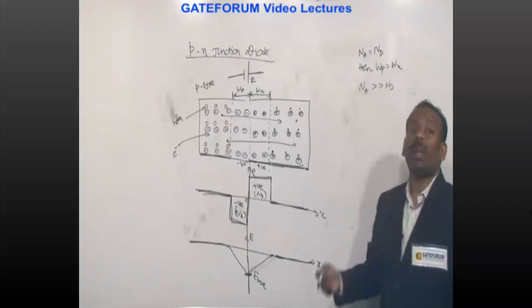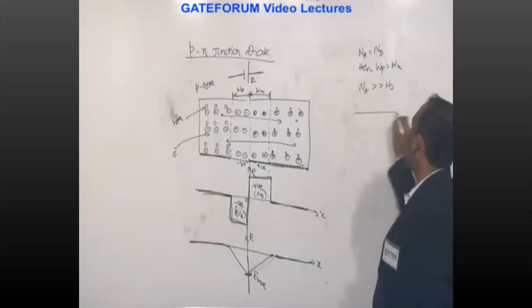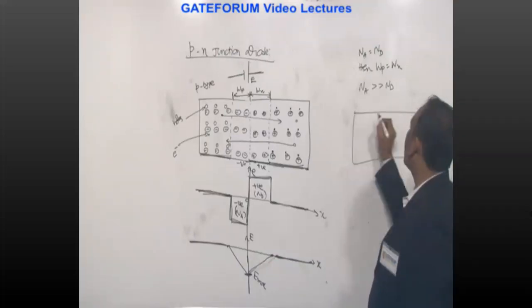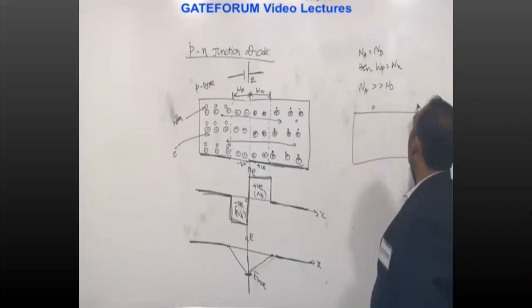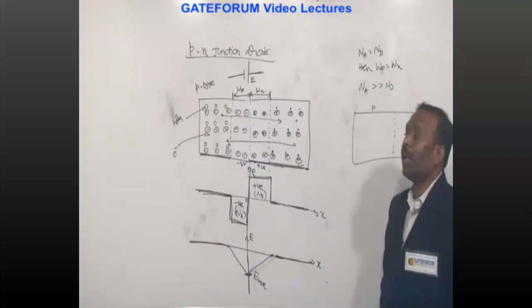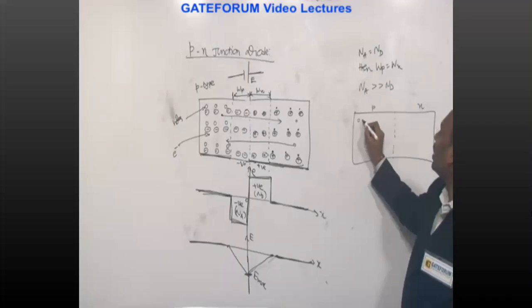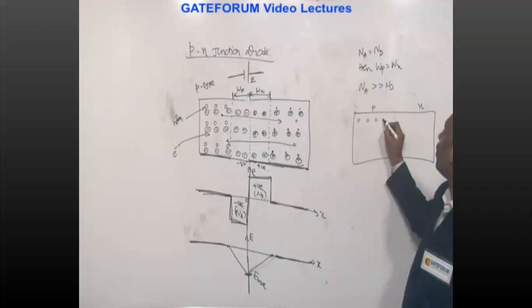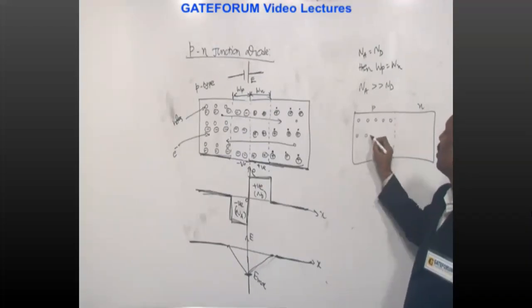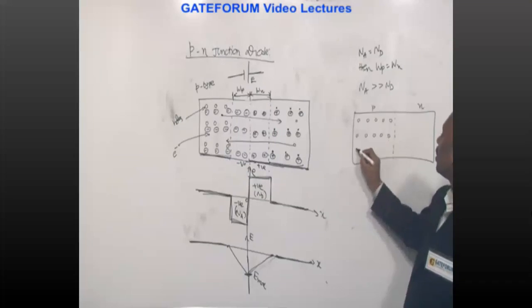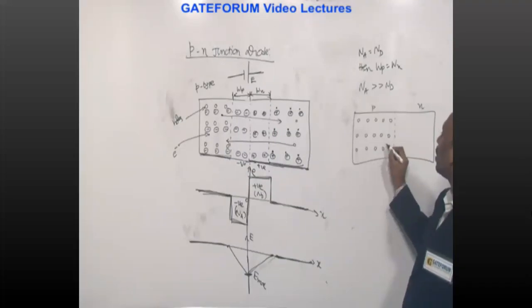That means more acceptor impurities. Then see how the depletion layer forms. This is a p-type semiconductor, this is an n-type semiconductor, take this as the center point. We have added more acceptor impurities, that means here more holes, and then here ions will be there.